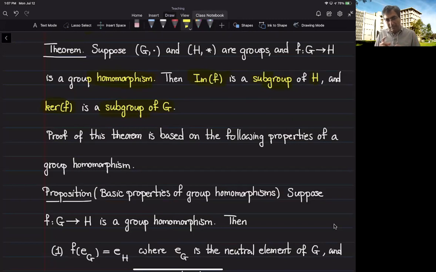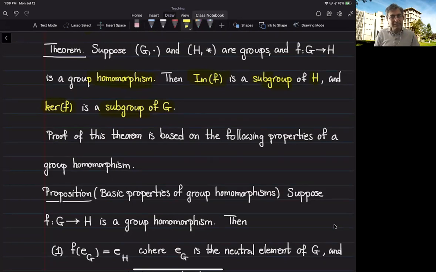The other one is not binary, it is a single operation which sends x to x inverse. We have only discussed the binary operation of multiplication for groups, and we defined group homomorphisms only in terms of this binary operation. How about the other operations, the neutral element and inverse?